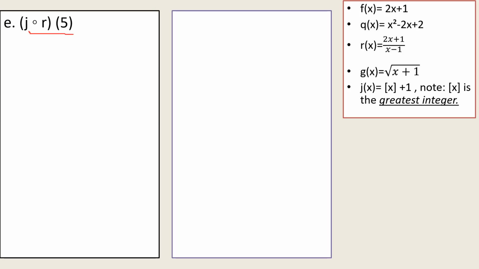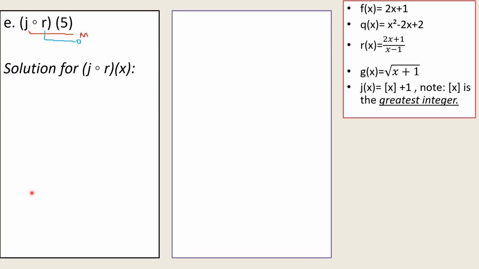The main function would be the first one, J. Then, the second function, or the domain, would be R. Okay? So, I will write it. Domain or the second function is R. So, let us start the solution.